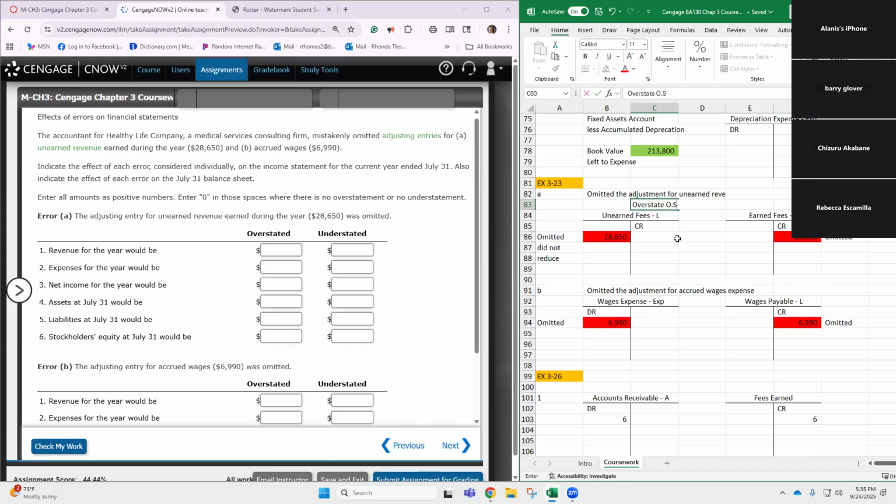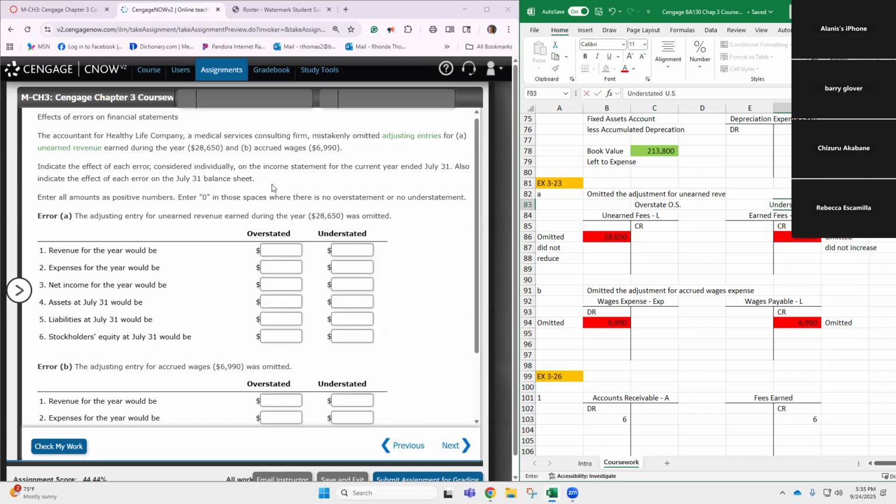Same with the revenue. We did not make this revenue increase, right? So we did not increase the revenue. So this revenue has too little in it. Too little is stated by the word understated, and that is US.